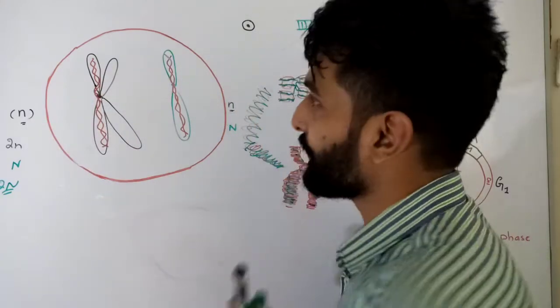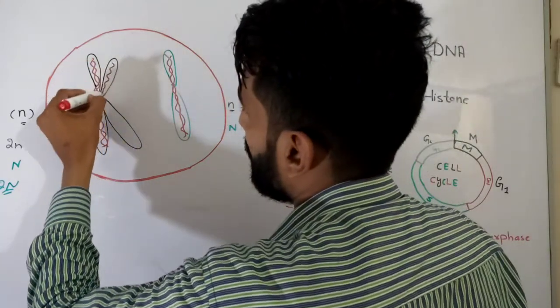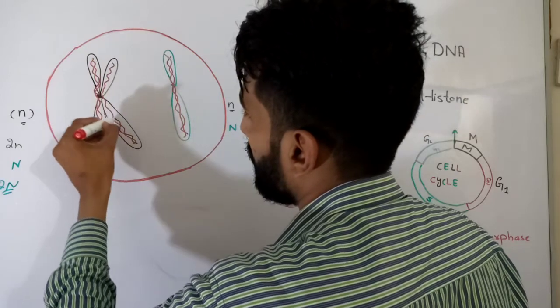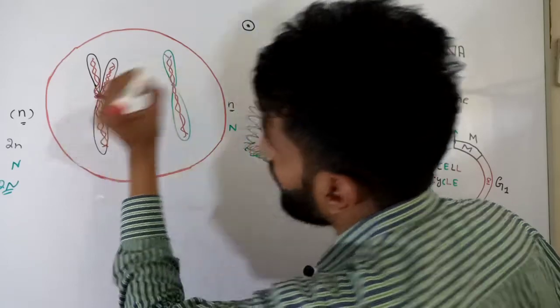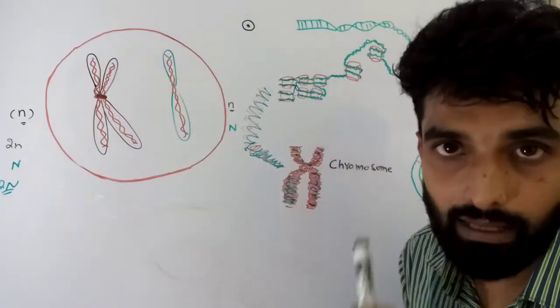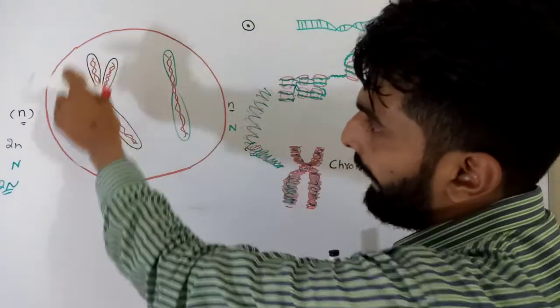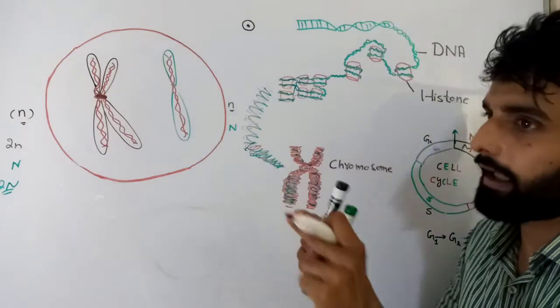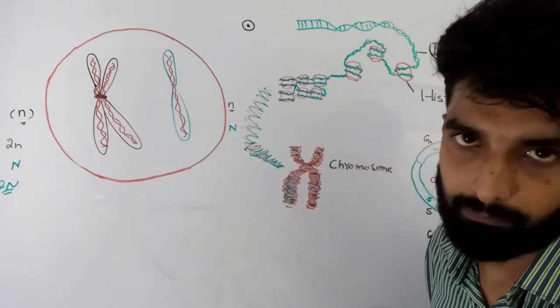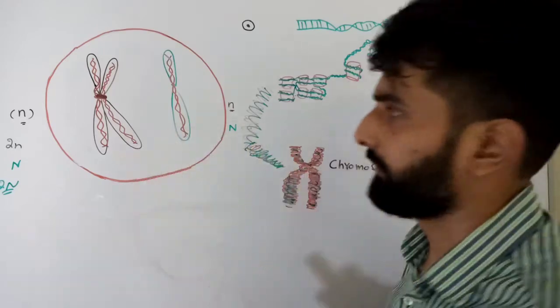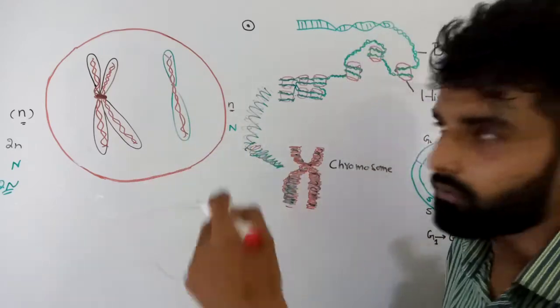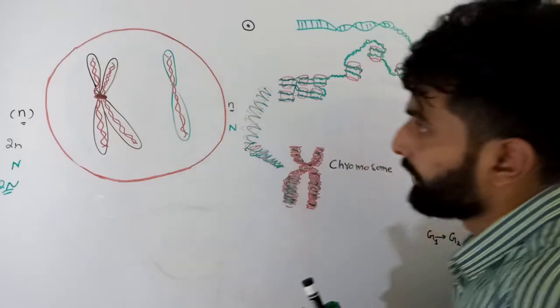But this chromosome will be attached on the same centromere. The position at which two chromosomes are attached with each other is called the centromere. This is basically the primary constriction. I will talk about this centromere in some other video.